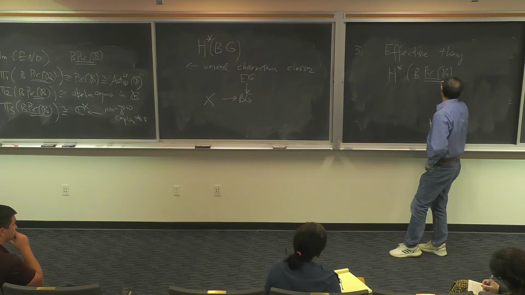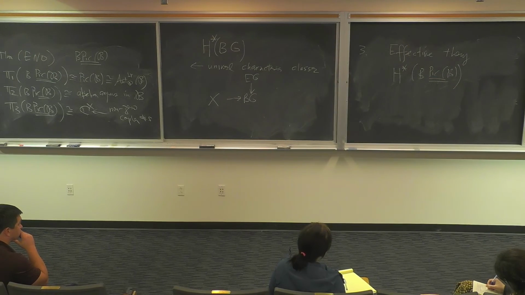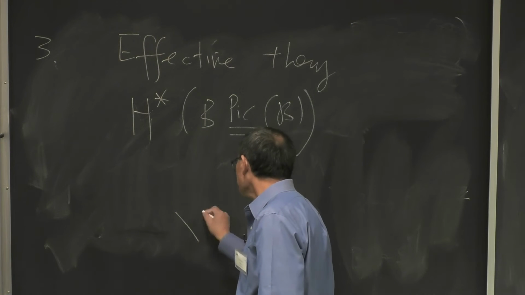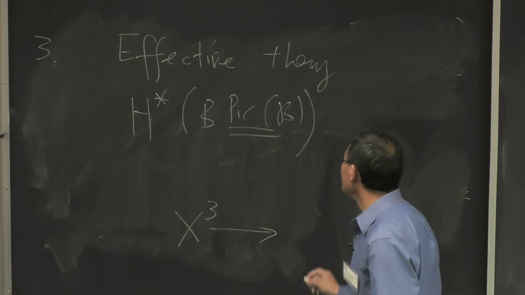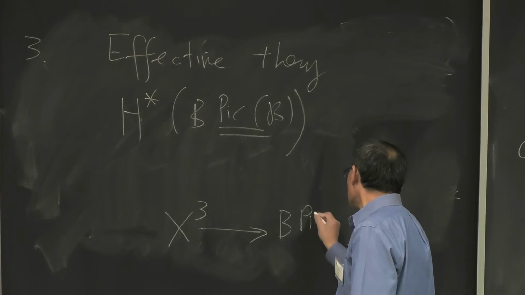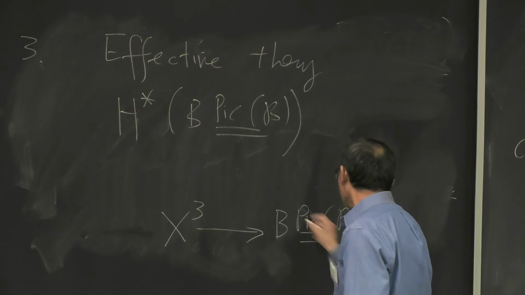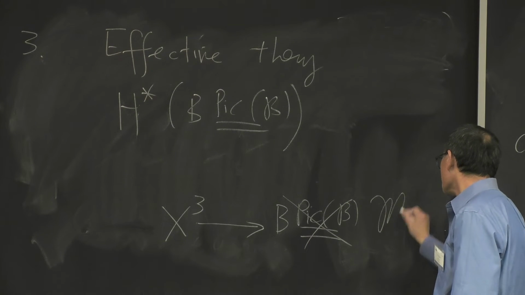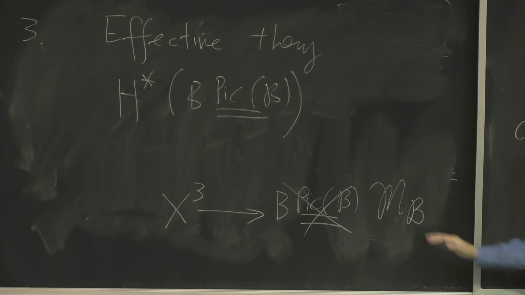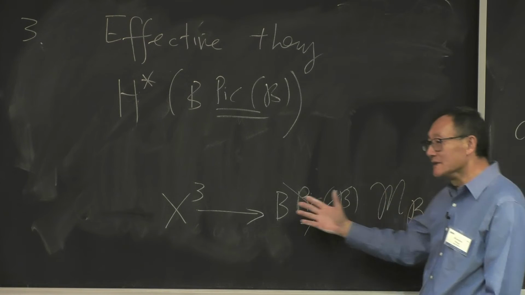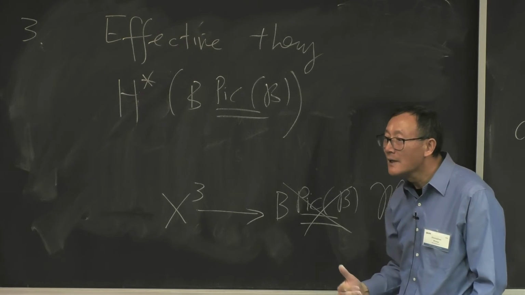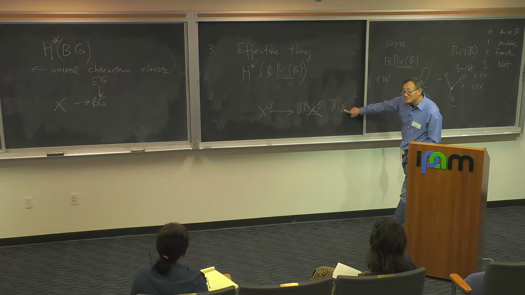I learned from symmetry enriched TQFT that what I should do is take my three-dimensional space-time and map it into B Picard. I really don't want to think about it that way. What I really want to think about is the moduli space of Hamiltonians or Lagrangians. And I want to study the topological gauge theory for this higher gauge group. I don't know how to construct this space.